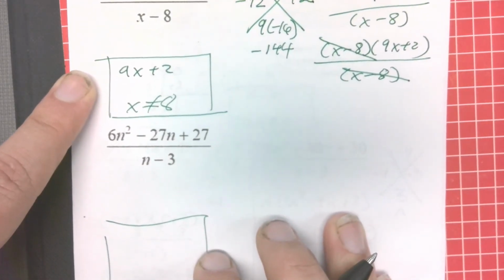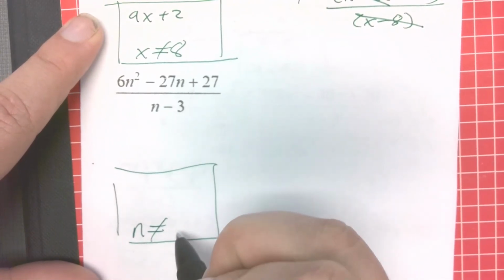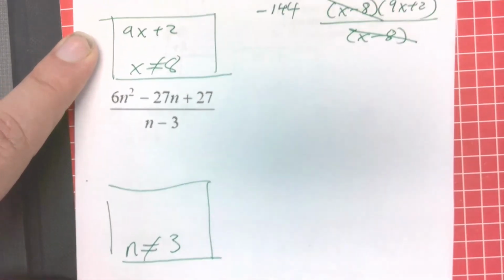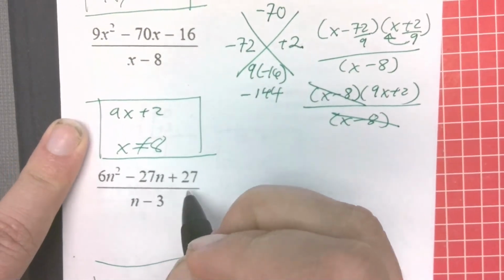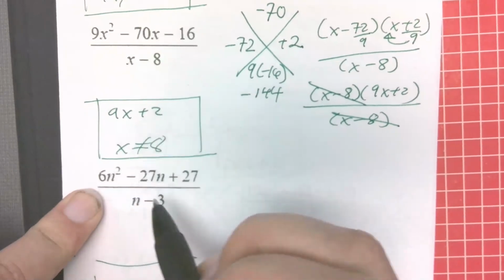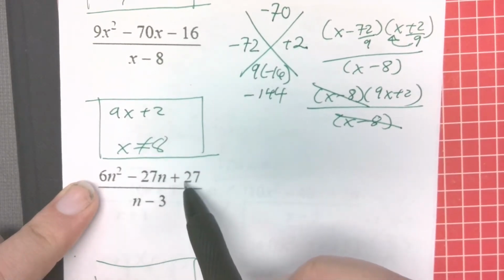Now for the next one, I don't have to do any math to know what the n cannot be. What can n not be? 3. Good. I'm going to scroll back down just a little bit so that if you're still working on this one, you can see it. I'm going to go ahead and GCF out. Now, obviously, these are the same number, so that's going to be nice.